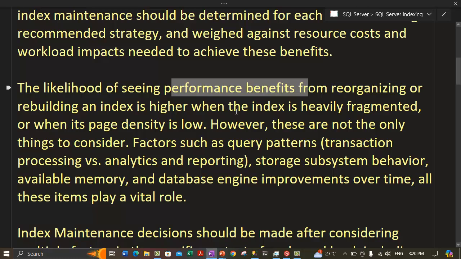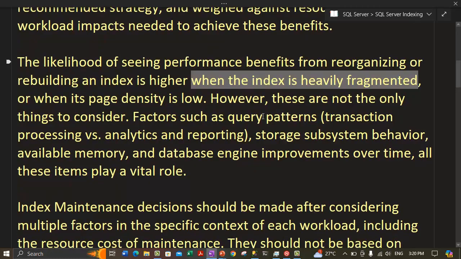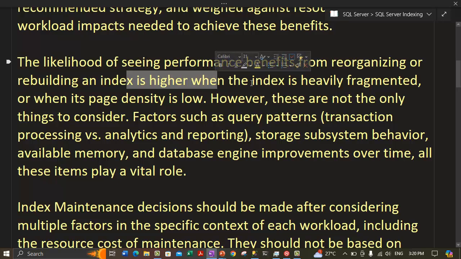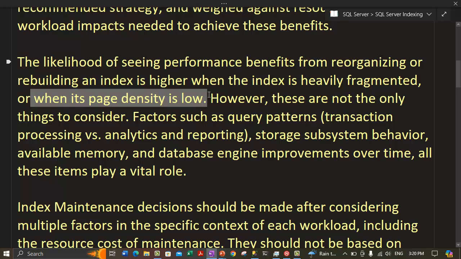The likelihood of performance benefit is higher, and this is true, when your index is heavily fragmented. Guys, we have talked about fragmented indexes in our previous videos, so please watch them if you want to know what index fragmentation is. The benefit in rebuilding or reorganizing the index is higher whenever your index is highly fragmented, or when your page density is low.